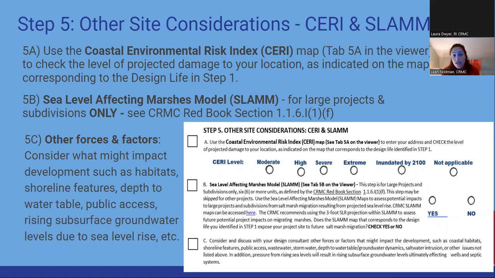We are able to do this using access to the state emergency database, which gives us information on the characteristics of the structures in the area and the ability to perform analysis for individual structures around the state. On the Coastal Hazard Analysis Viewer application, you can find tab 5A, and there's a link there that will take you to CERI, and you can check the level of projected damage to your location as indicated on the map that corresponds to the design life found way back in step 1.